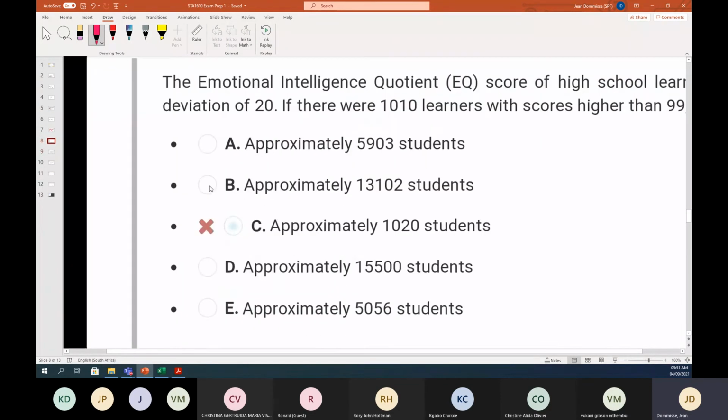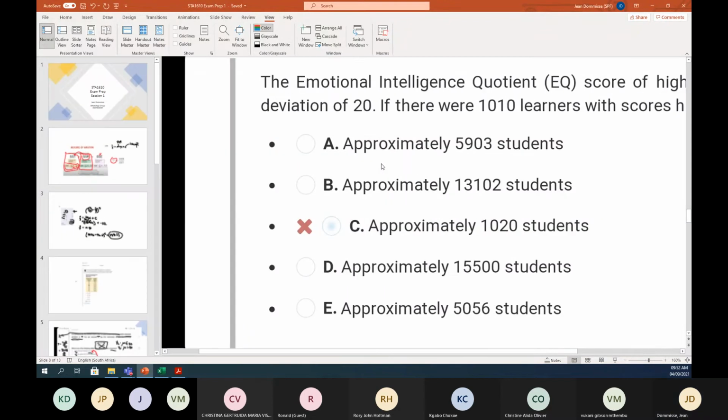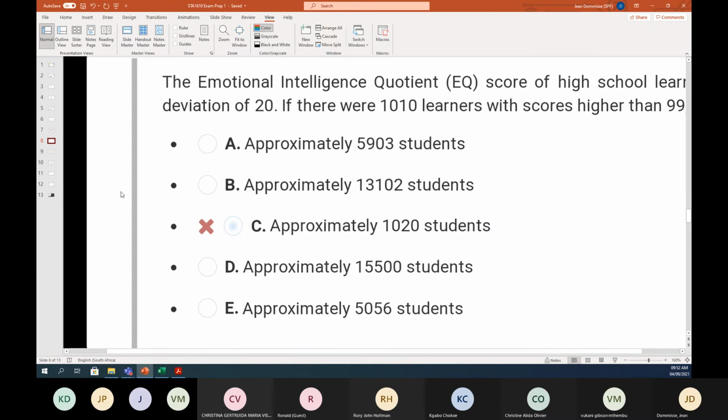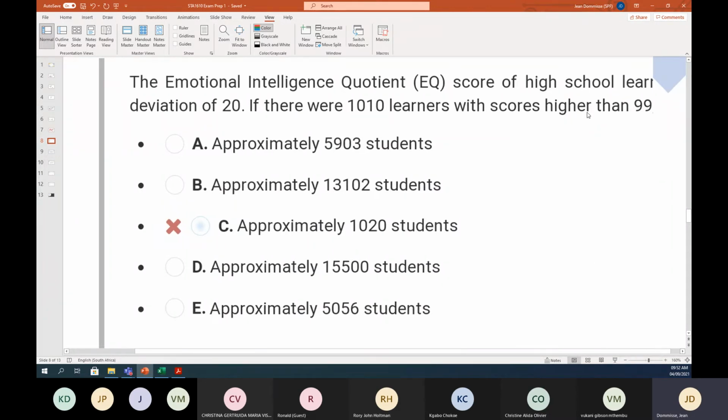This looks also interesting. Let me just do the view a bit smaller again. Okay, the emotional intelligence of high school learner, deviation, standard.